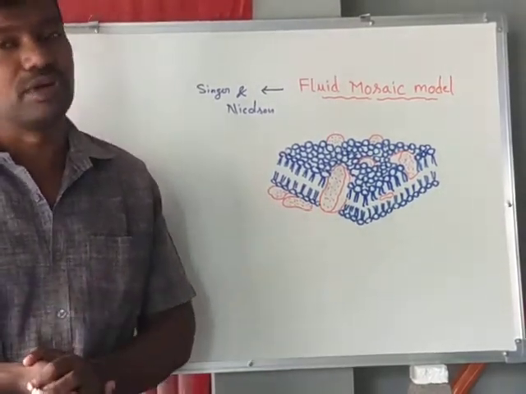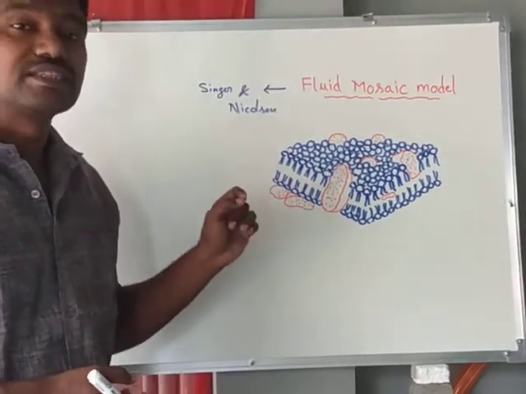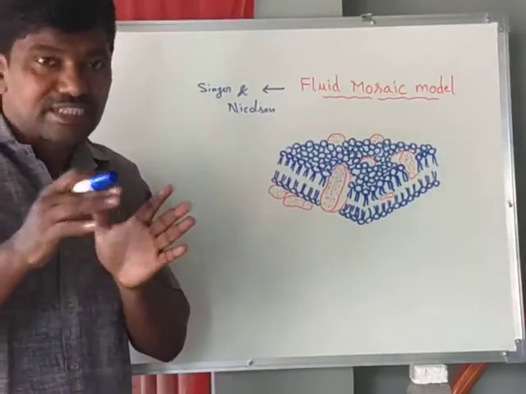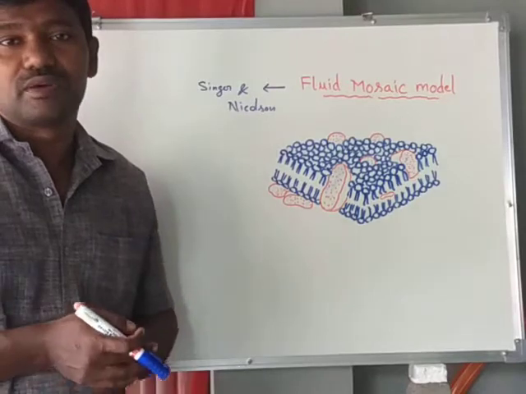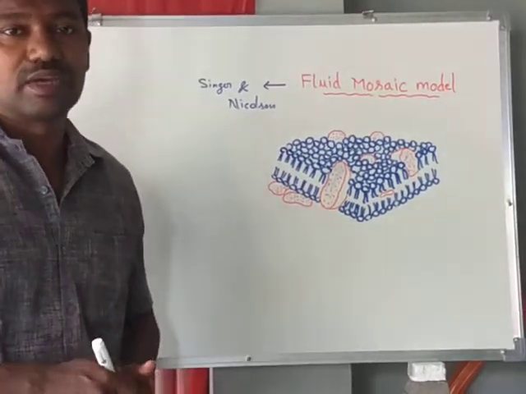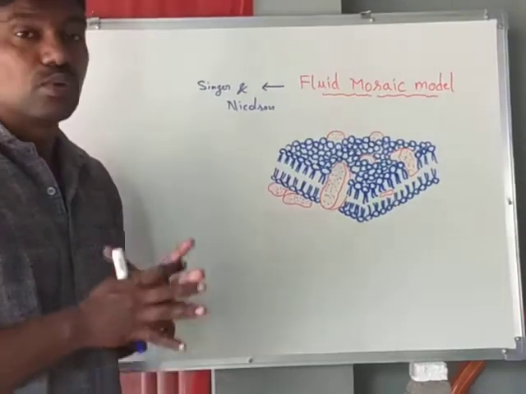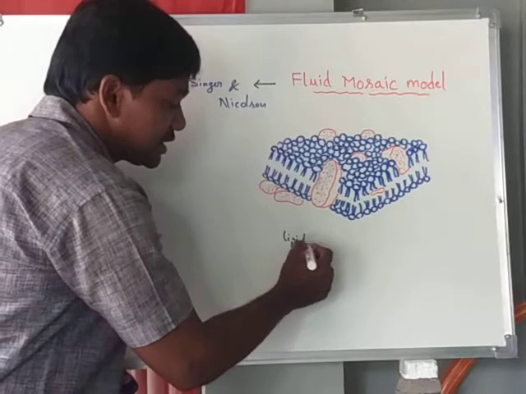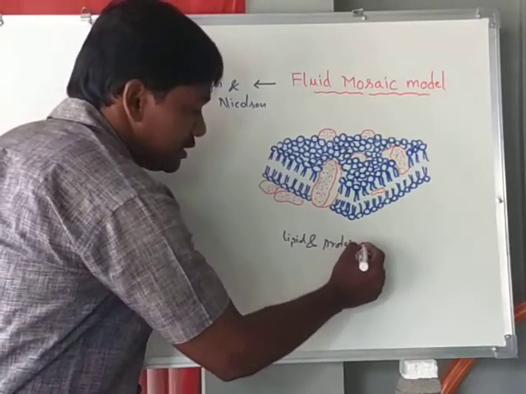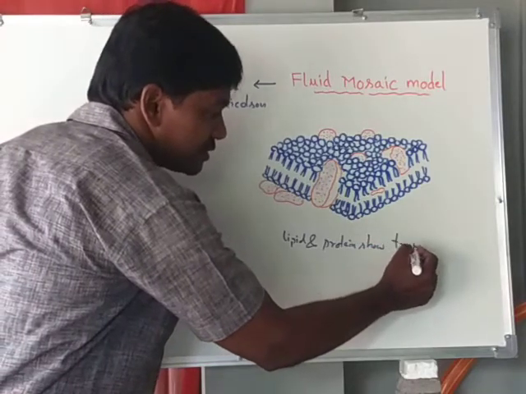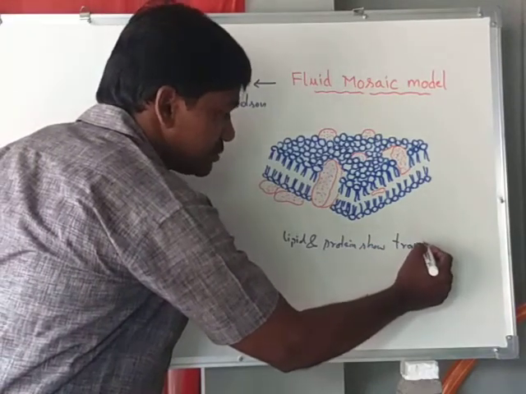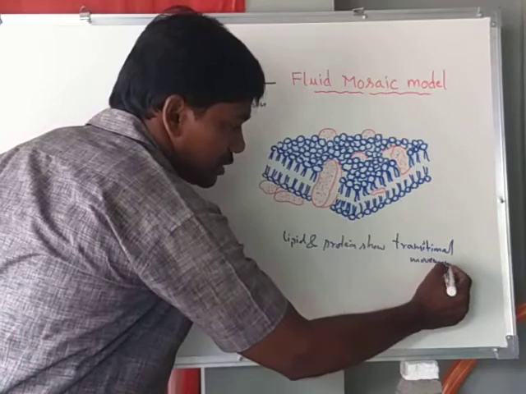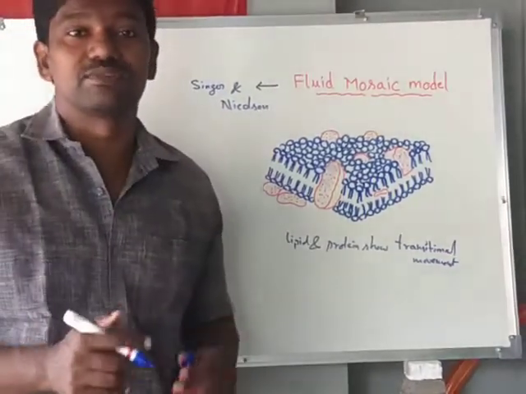Lipids and proteins in the plasma membrane generally show transitional movement, moving from one place to another in the bilayer of phospholipids.